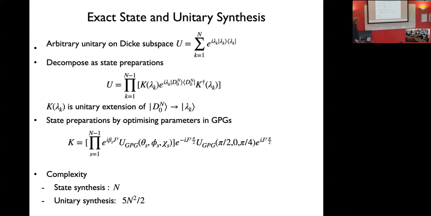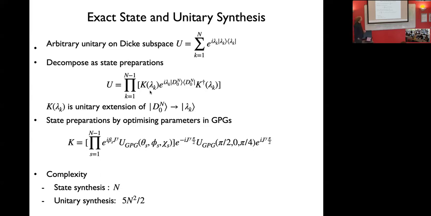Then an arbitrary unitary on the Dicke subspace, you could write it in the eigendecomposition with eigenvalues lambda and eigenvectors lambda. But another way to write the unitary on the Dicke subspace is to use the spectral decomposition, written in terms of a product of operations where you look at mappings from a particular Dicke state, like the zero Hamming weight Dicke state, to an eigenvector of U, phase this particular Dicke state, and then reverse that mapping.